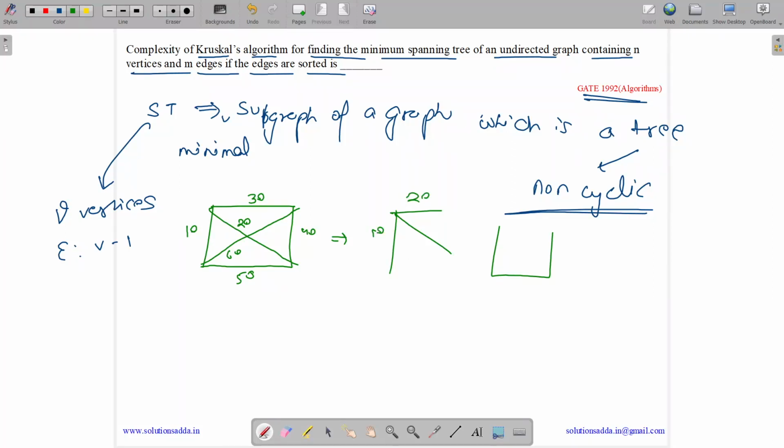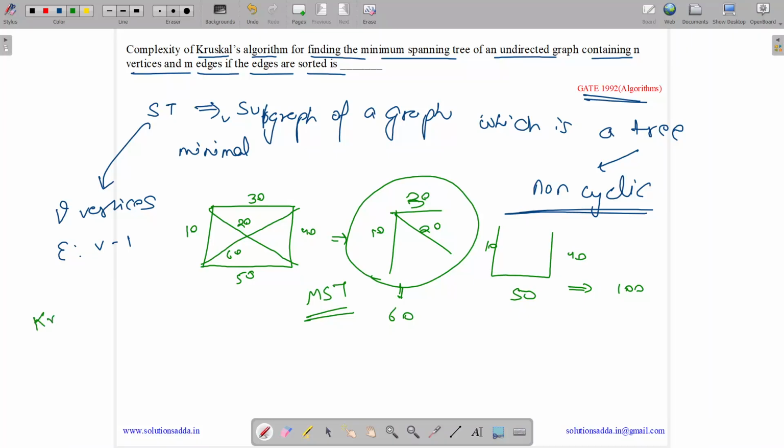This will have cost 10, 20, 10, 30, 20, so its cost is 60, and this one costs 10, 50, 40, so its cost is 100. Finding the spanning tree for which the cost will be minimum is called the MST problem. So MST can be done either by Kruskal's algorithm or by Prim's algorithm.